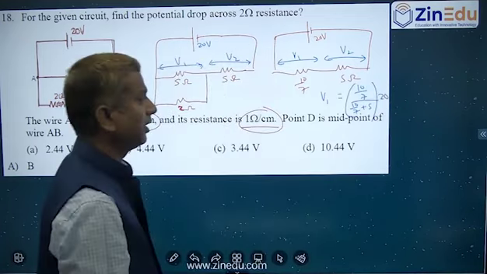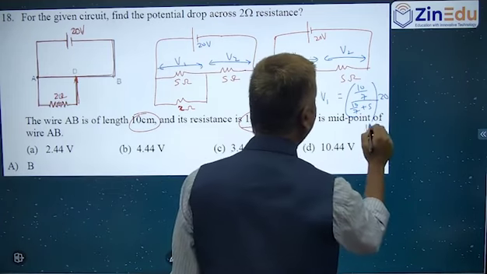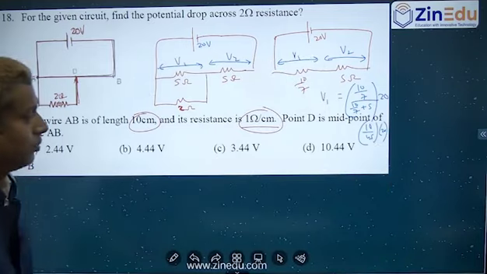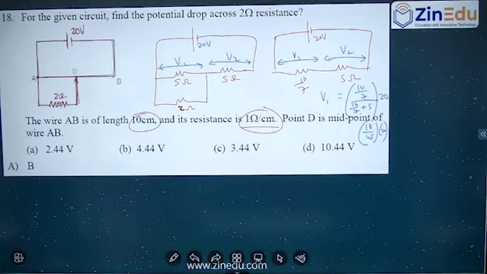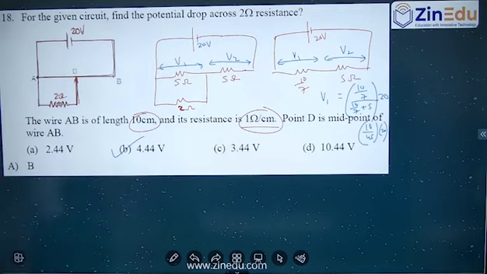So that will be 10 by 45 times 20. So you get almost 200 by 45, which is less than 5. So that is this particular thing, right?